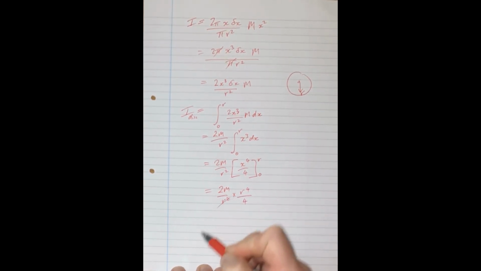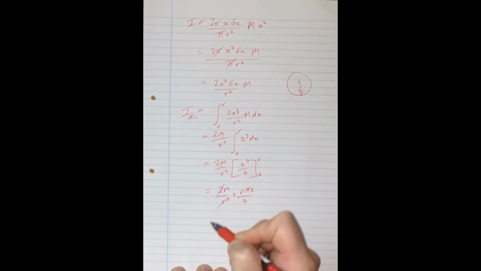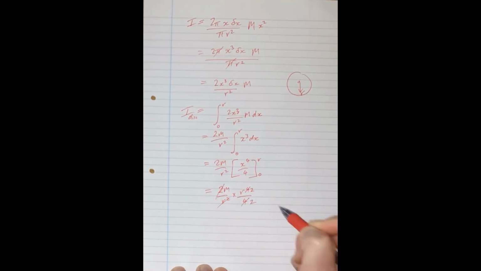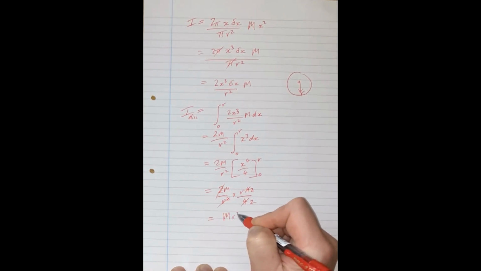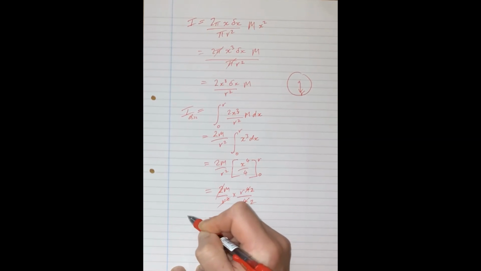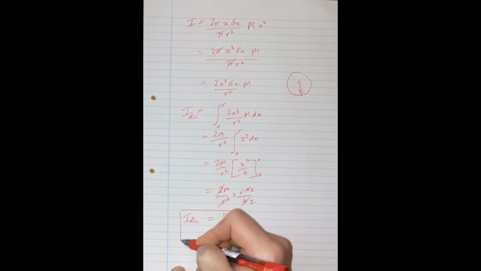And then we can cancel an r squared below and an r squared above. We can cancel a 2 and a 4 down to a 2, and so we're left with big M r squared over 2, and that is the moment of inertia of a disk.